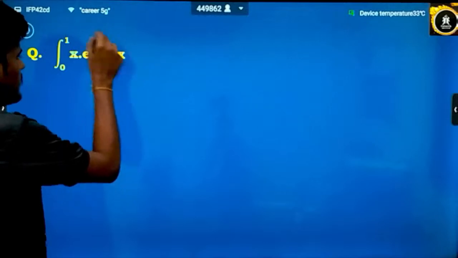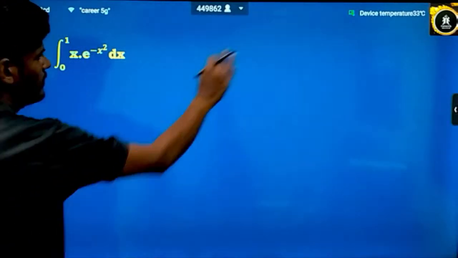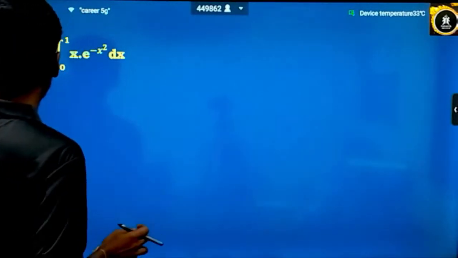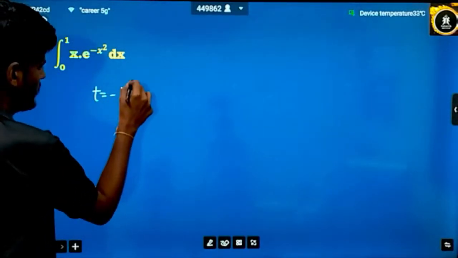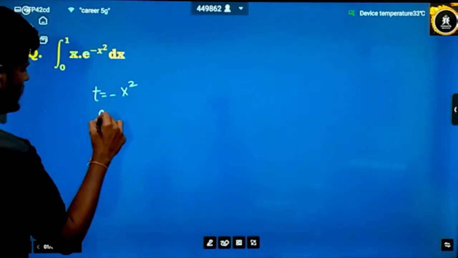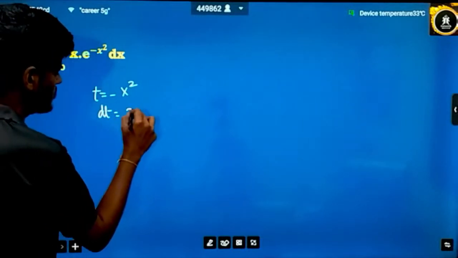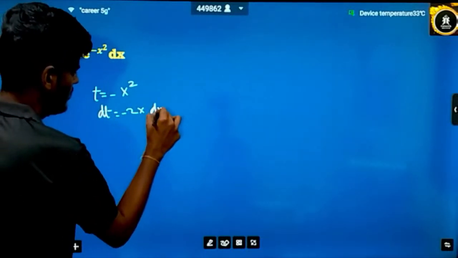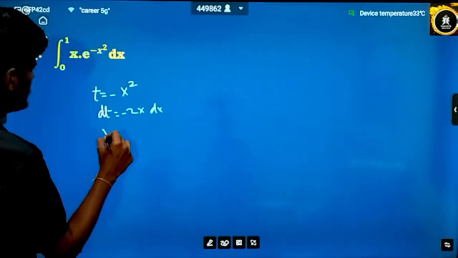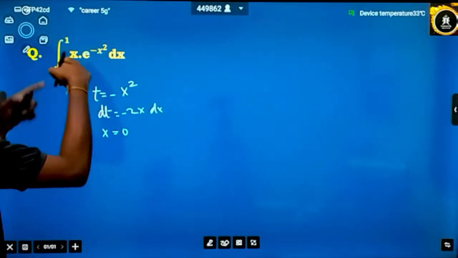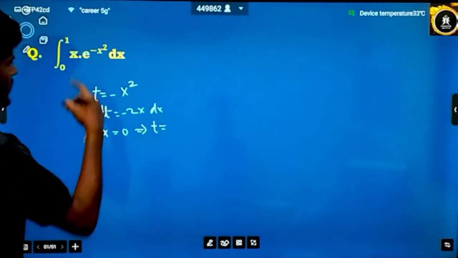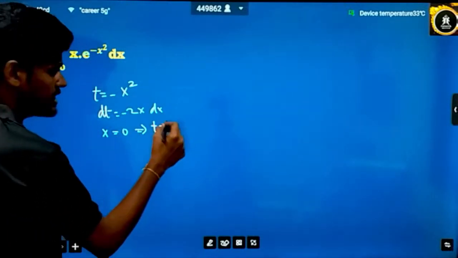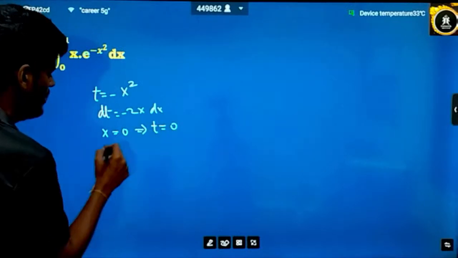Now for evaluating this integral, we can substitute this minus x square as t. Let's take t equal to minus x square. Then dt will become minus 2x dx. And don't forget to change the limit. When x is equal to 0, t will be minus of 0 square, which is 0.